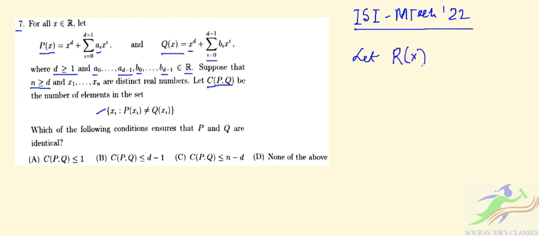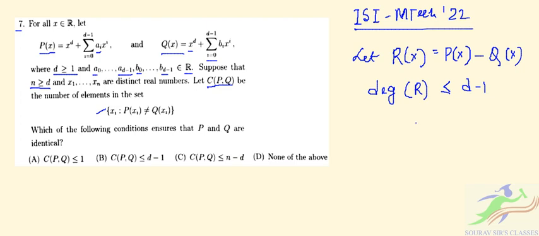So let us take R(x), which is nothing but P(x) minus Q(x). Then the degree of this R should be less than d minus 1.